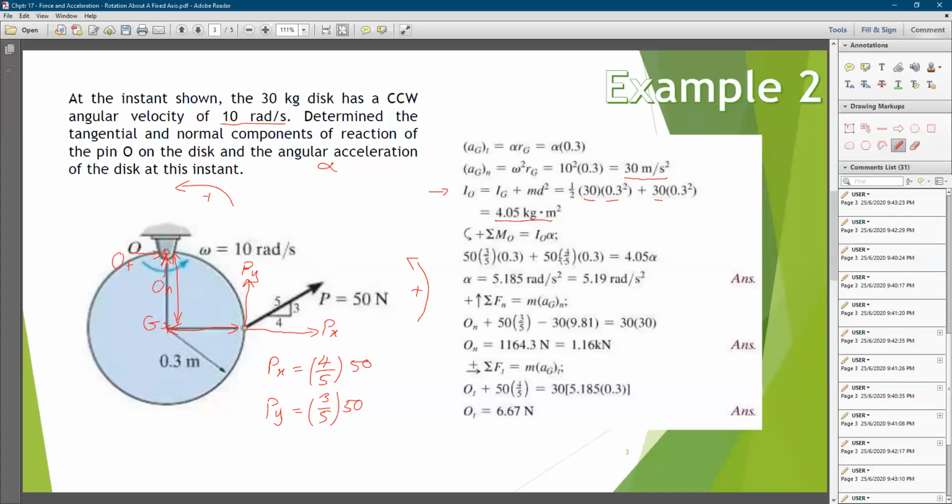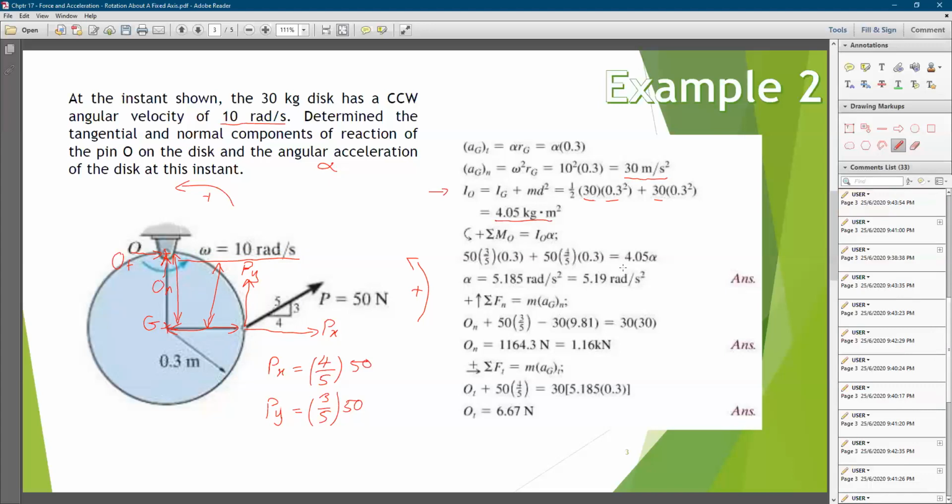And it is Px, and 0.3 is the perpendicular distance from the line of action of the force. Again it is the same 0.3.